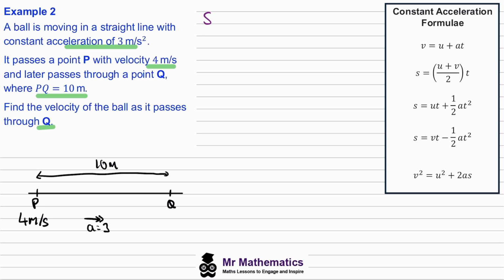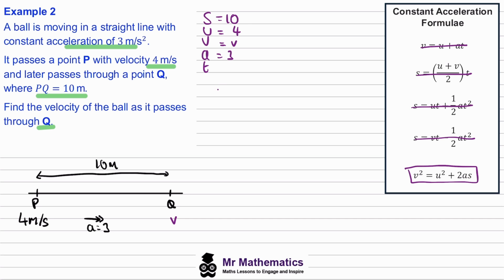So if we organize this into SUVAT, displacement is 10, the initial velocity is 4. We want to work out v, which is at point Q. The acceleration is 3, and we don't know the time. So what we do is we eliminate the equations that involve time. And the one that is left will be the one that we use.